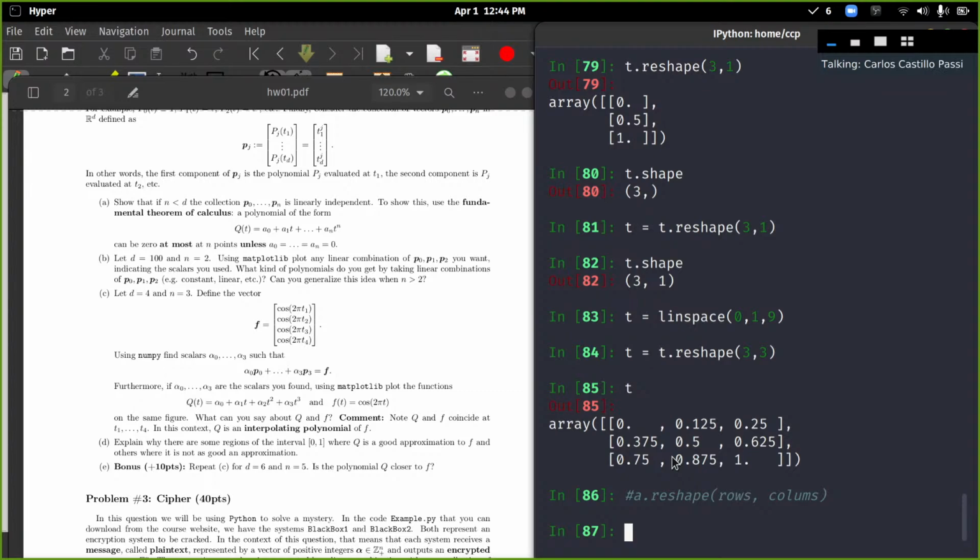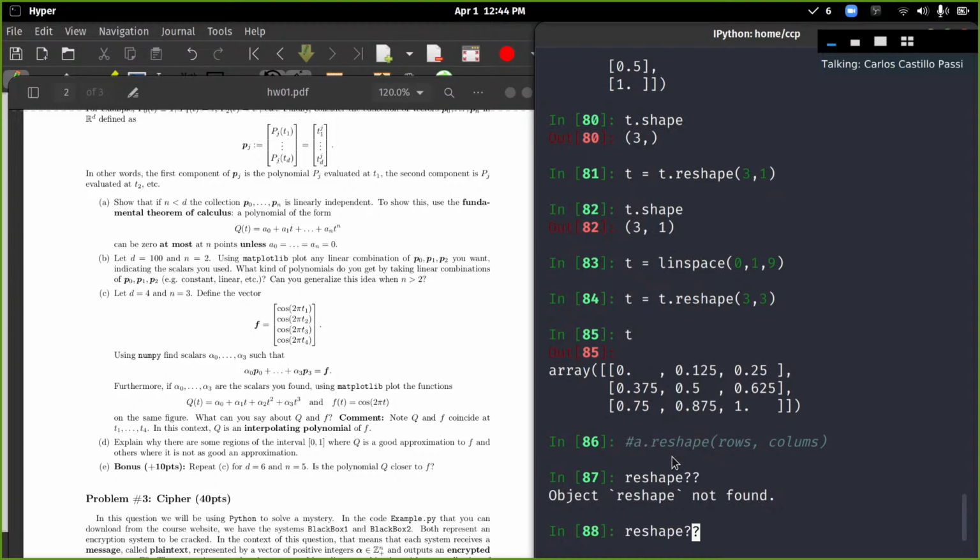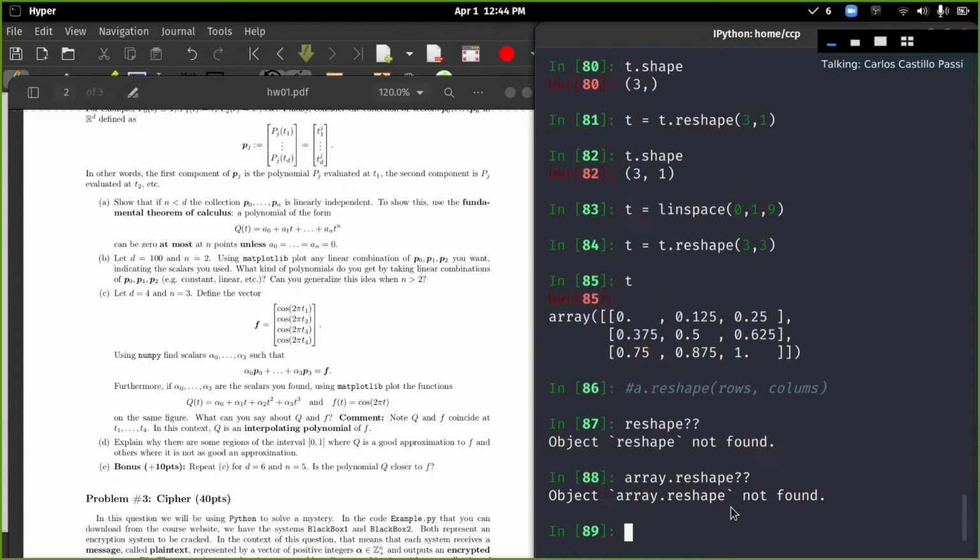If you're not sure how to use a function, you can always ask Python. For example, reshape. Sorry, it will not work. But if I do array.reshape, I'm not quite sure how to ask for a function that is inside the arrays. Let me see.